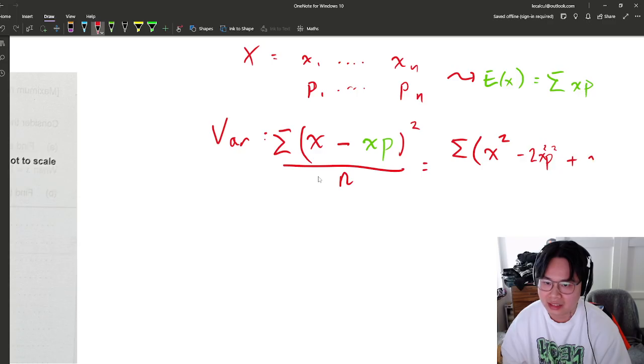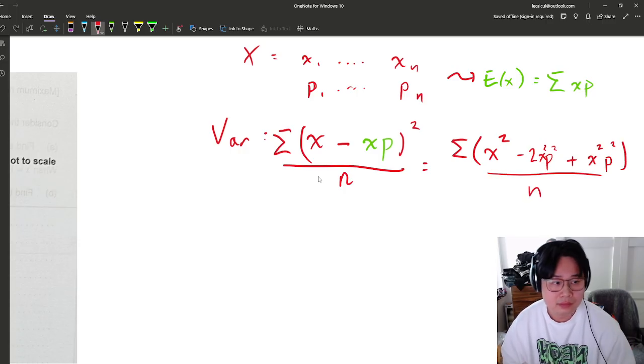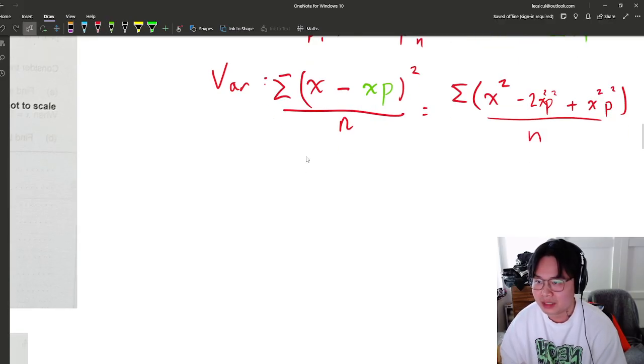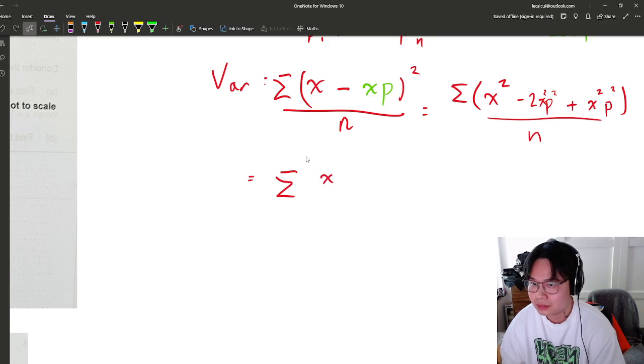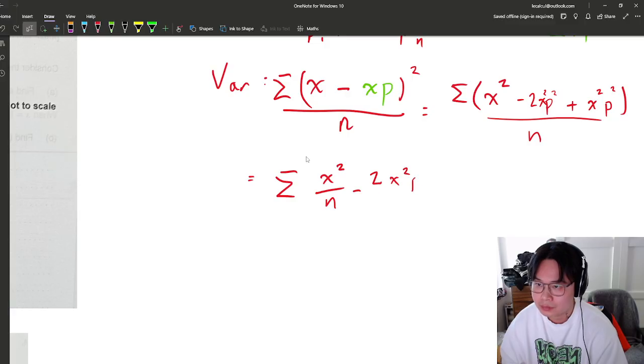I thought I was cooking something. Okay, I'm expanding the polynomial. I'm splitting the summation.